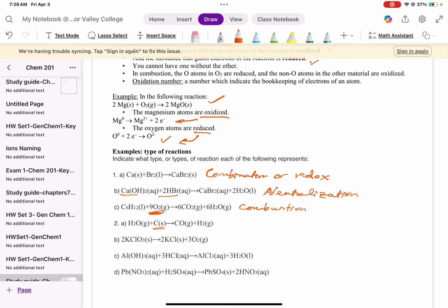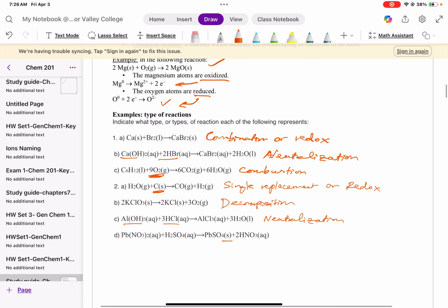It's either redox, or there's a single element there, carbon, so single replacement or redox. This is obviously decomposition, and this one is acid-base again. That's an acid, that's a base, so neutralization. And this one has a solid product, so we call it precipitation.